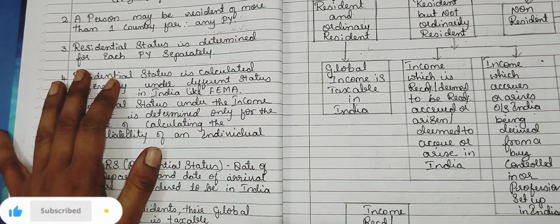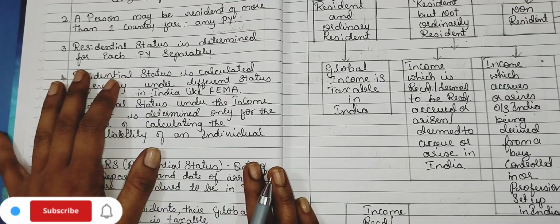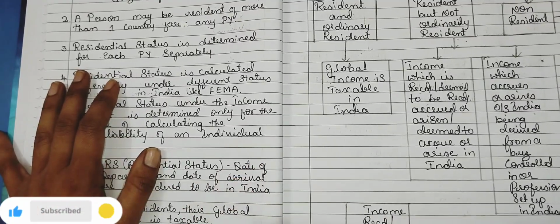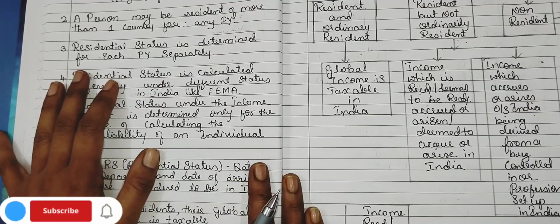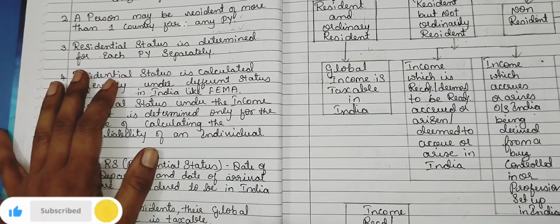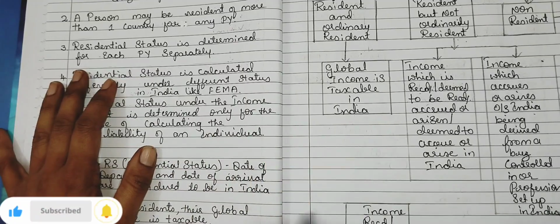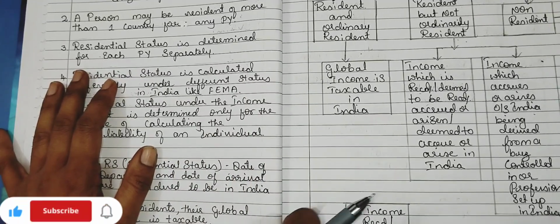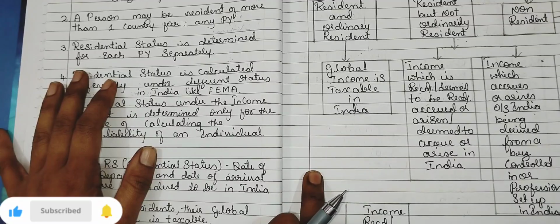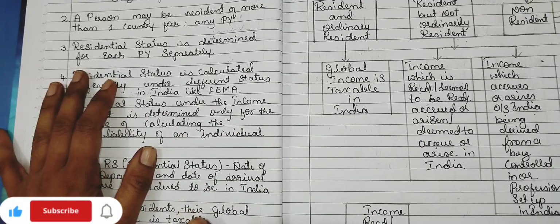And every year we are calculating the residential status for the assessee separately. In the previous year we calculated he was non-resident, but the same person might be resident for the next year also. So based on his stay we are calculating, that's why we need to calculate every year separately.